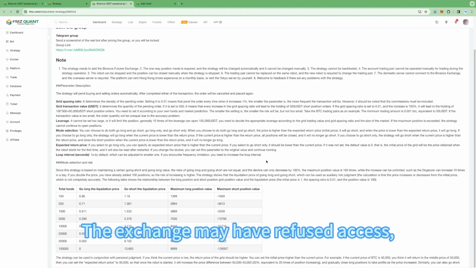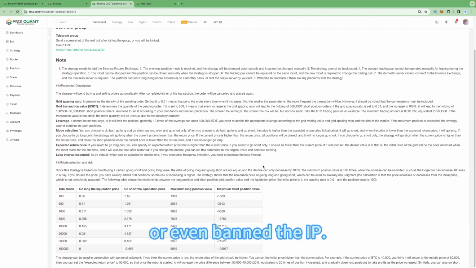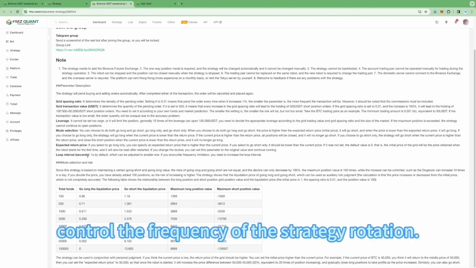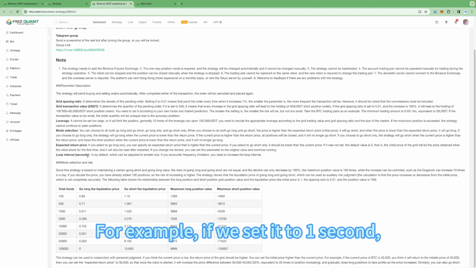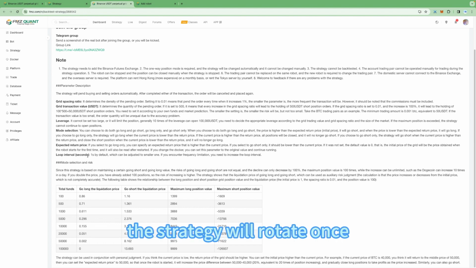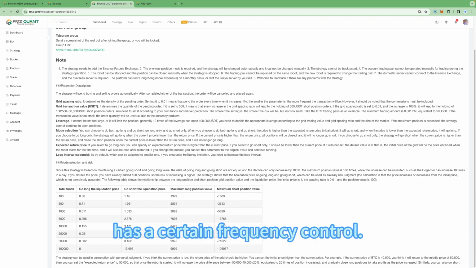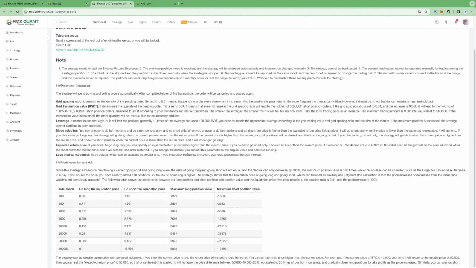The exchange may refuse the access or even ban the IP. So this parameter is used to control the frequency of the strategy rotation. For example, if we set it to 1 second, the strategy will rotate once, then rest for 1 second, so that our API interface access has a certain frequency control.